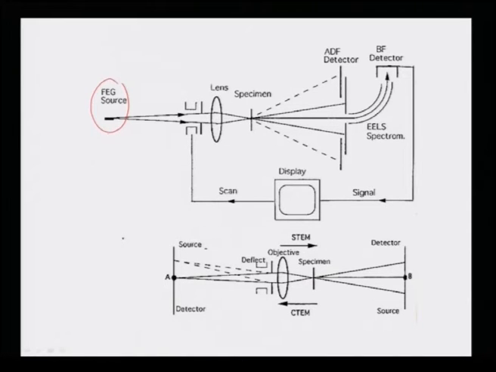That is why with a FEG, bright and dark field STEM images can be easily recorded within a few seconds or even at TV scan rate. That is what we want. We want the beam to scan on the sample and the image to be displayed at the same scan rate. To get a TV scan rate you need a sufficient intensity of the beam.